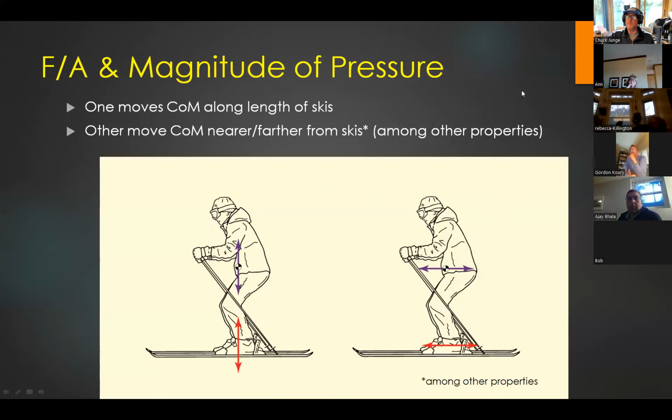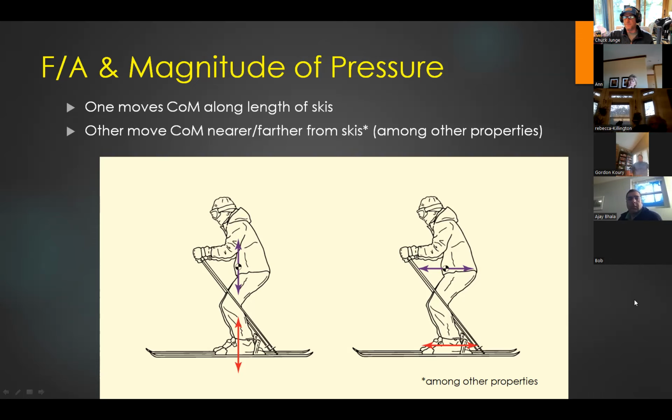This one is more of the magnitude that most of us understand, which is where we change the relationship between a base of support and center of mass by flexing and extending our legs. So we can mitigate forces by flexing our legs, or we can increase forces by extending our legs.